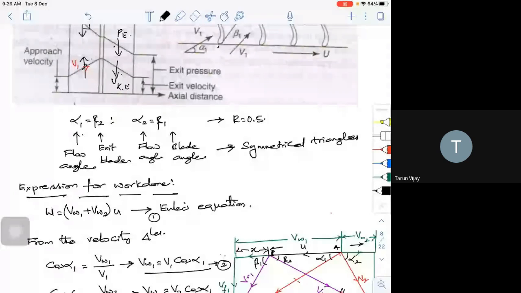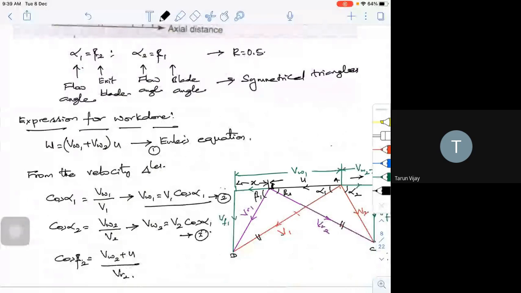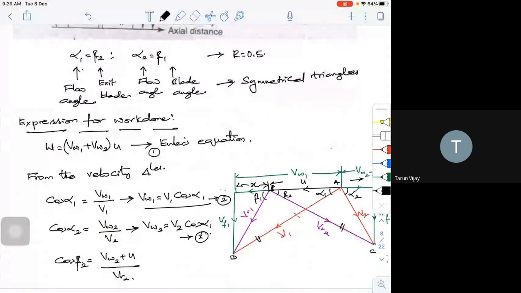Now, expression for work done. It's the same actually. I'm trying to take the same velocity triangle that I wrote. Euler's expression is (VW1 minus VW2) into U. So it becomes VW1 plus VW2.